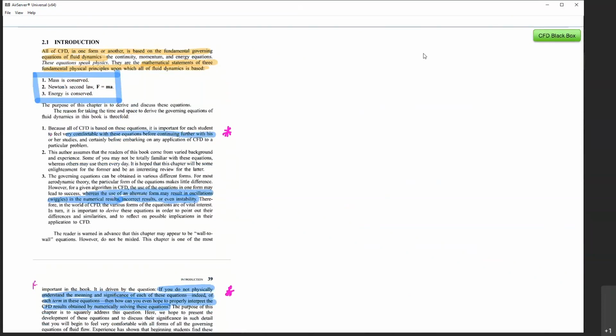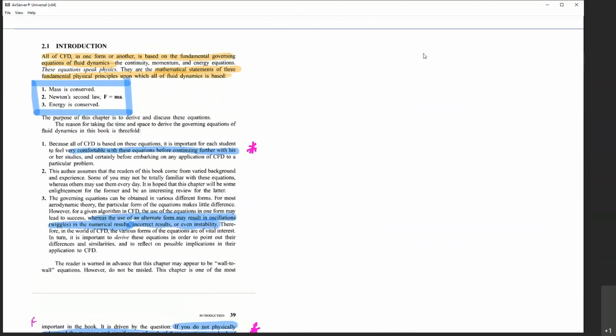To do that, we need to understand, we need to start somewhere. As we discussed in the class, everything in CFD is governed by the fundamental governing equations of fluid dynamics.